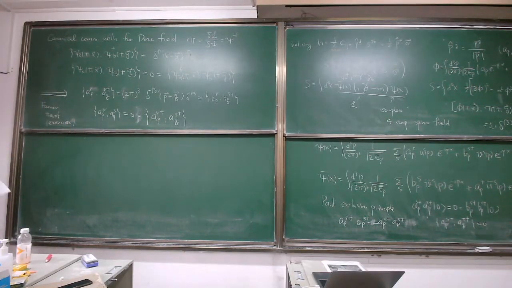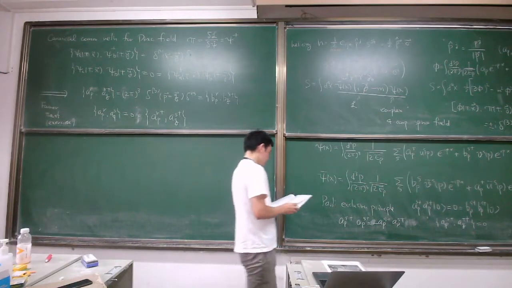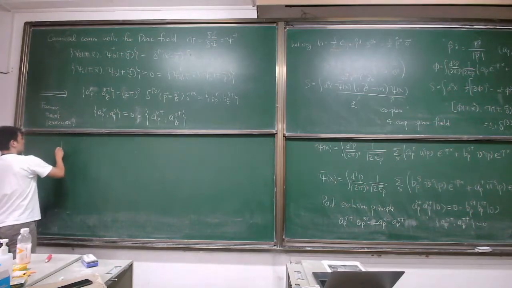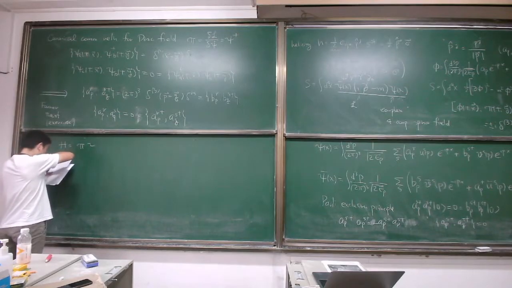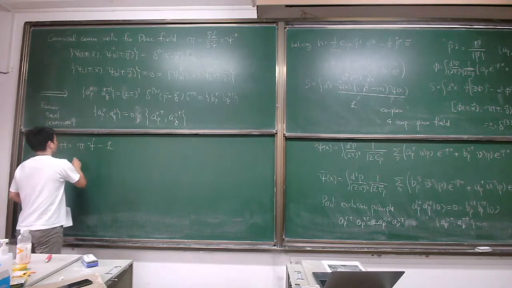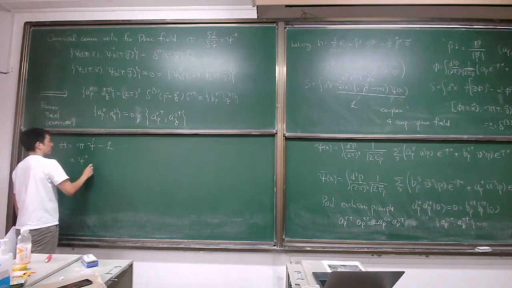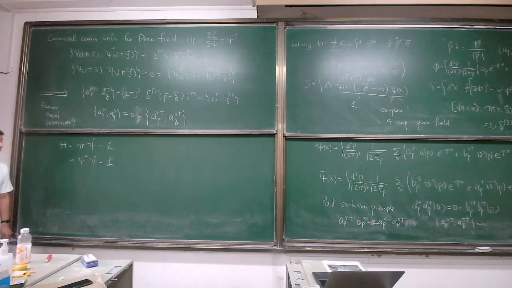Okay, and then let's construct the Hamiltonian. I forgot. The Hamiltonian density is pi times psi dot minus the Lagrangian, and we know pi is equal to psi dagger.